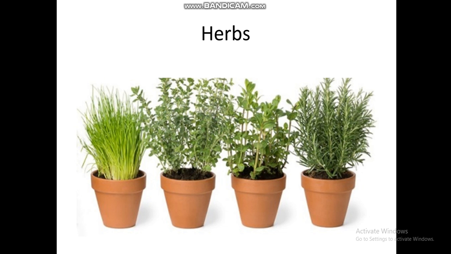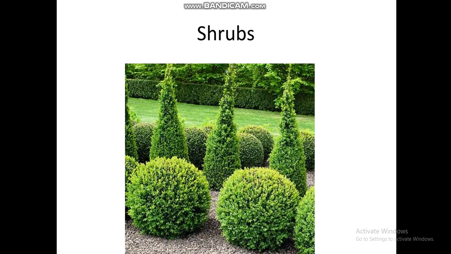So what are herbs? Herbs are very small plants that are very short in height. If we compare them with our height, they will be very short. Then shrubs are a little taller than herbs, almost like the height of an individual, like 4 feet, 5 feet.